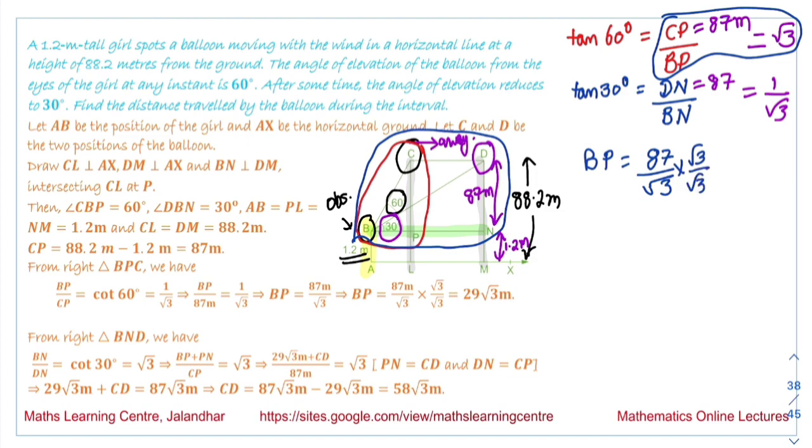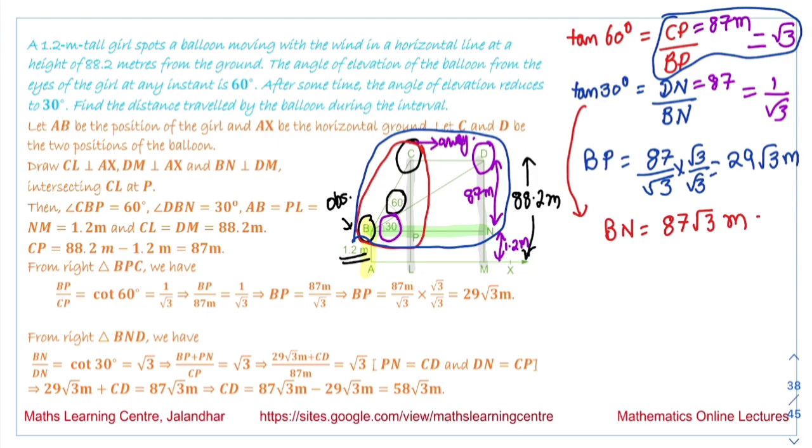We multiply and divide it with root 3, we get 87 root 3 by 3, and the value comes out to be 29 root 3 meters. Now from this second equation, we have the value of BN, that is equal to 87 root 3 meters.